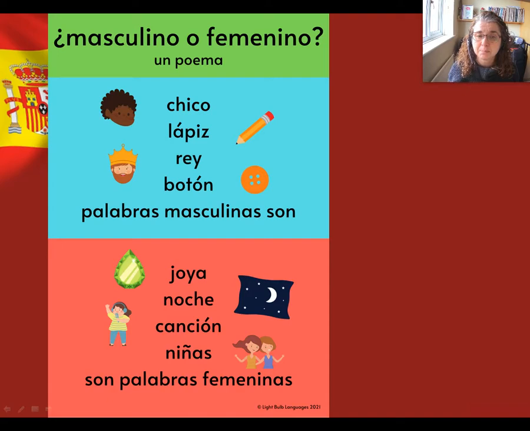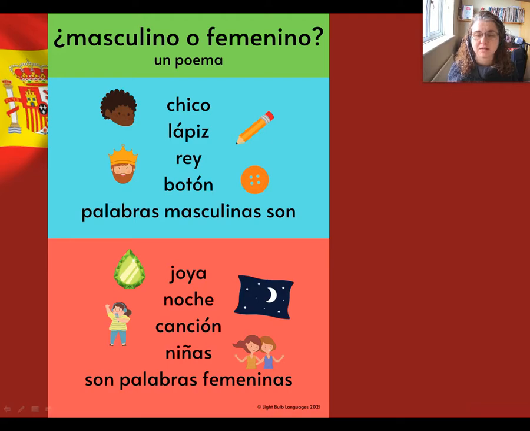Masculino, masculino o femenino, femenino. Can you try and say the whole title? Masculino o femenino. And look, underneath it tells you what kind of a text this is. It says un poema. Un poema.